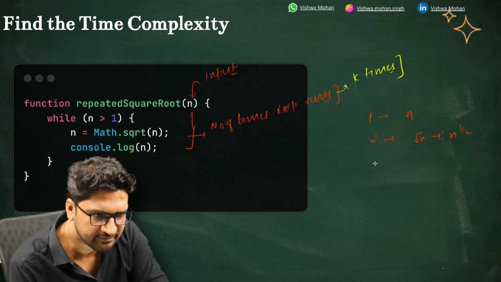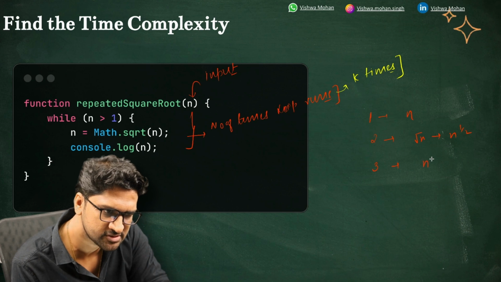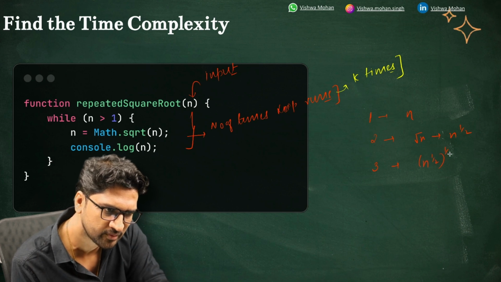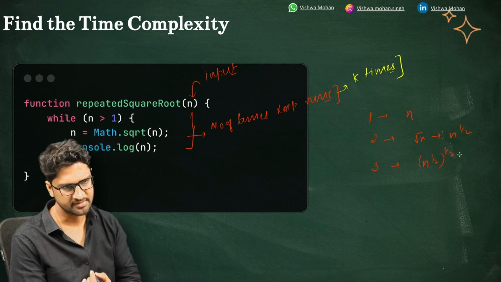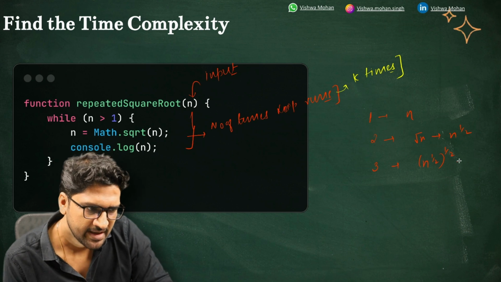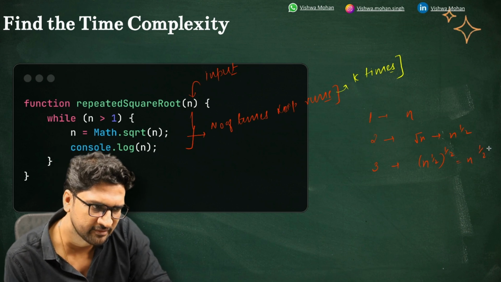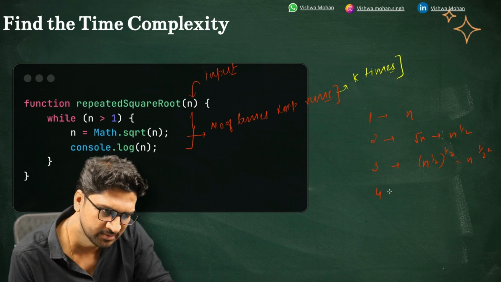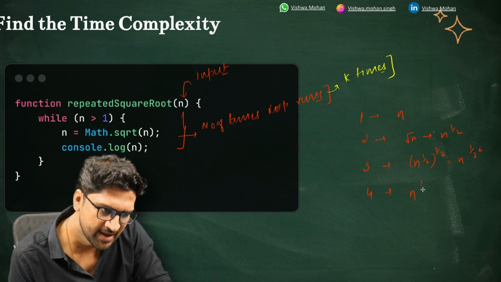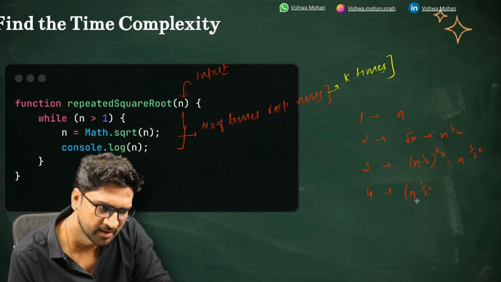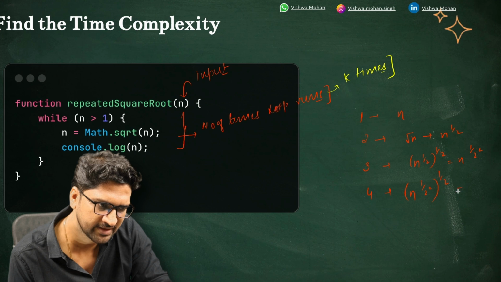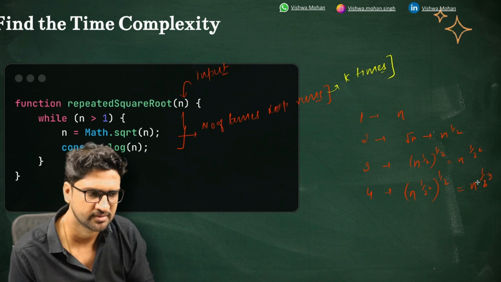The third time when the loop runs, this becomes equal to (n^(1/2))^(1/2), right? So this becomes equal to n to the power 1/2^2. When it runs the fourth time, that becomes equal to n to the power 1/2^3.